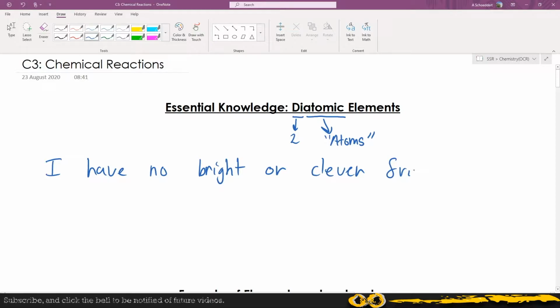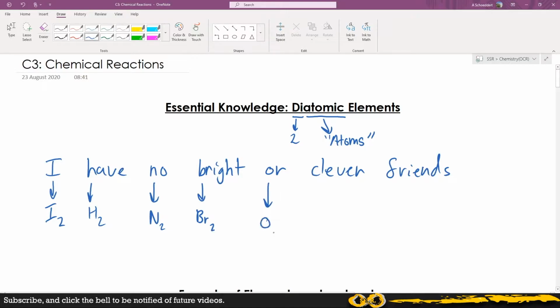While this may not be the kindest of phrases towards your friends, it does help you to remember that iodine, hydrogen, nitrogen, bromine, oxygen, chlorine, and fluorine always come in groups of two. So if you're ever looking at an equation and it says that fluorine or chlorine reacts with something, you know that what was actually reacting was Cl2 or F2.